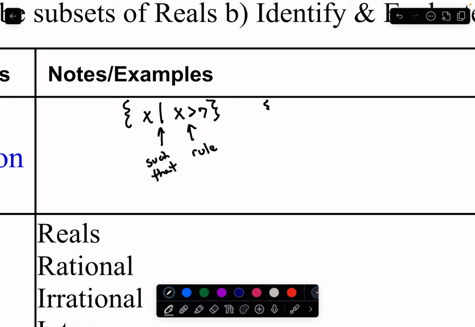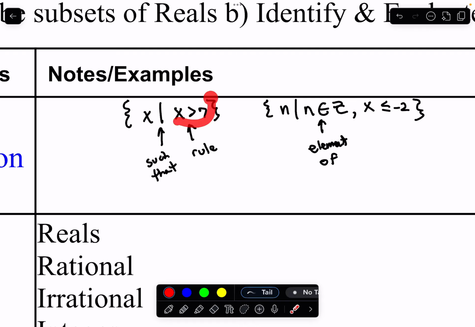You can even say n such that n is a member of, that means element of, the integers, and that it is less than or equal to -2. So this section here where the rule is can have lots of information.